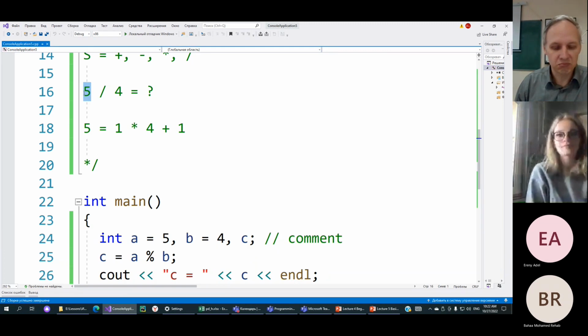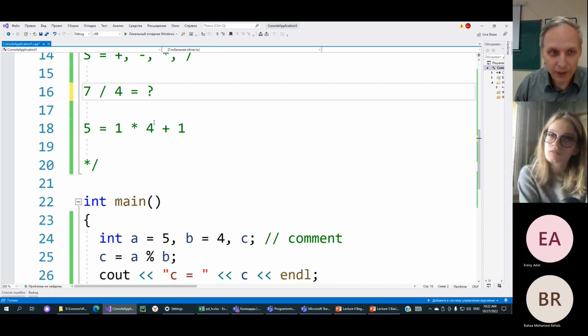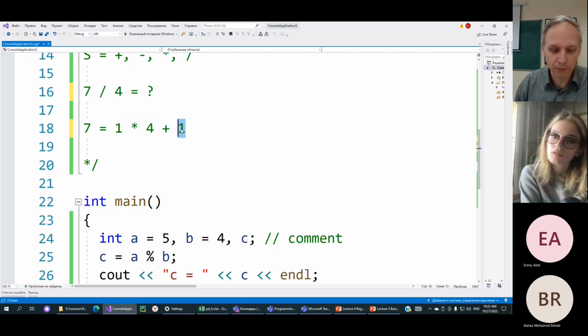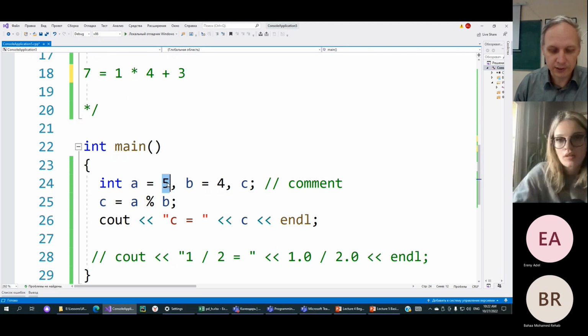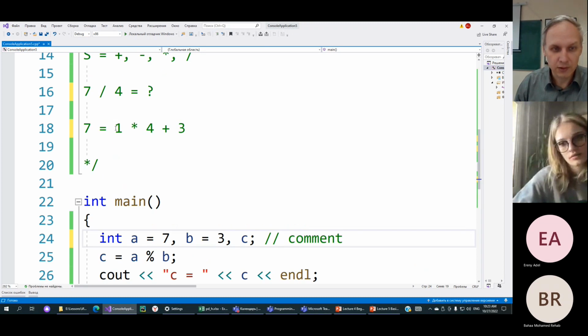For example, 7/4, 3, because 7 equals 1 times 4 plus 3. Let's check. But we can't do 6 times 1 plus 1, but I divide 7/4.